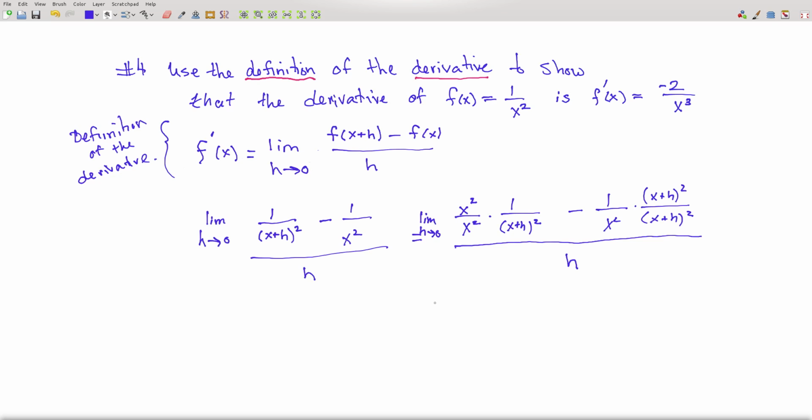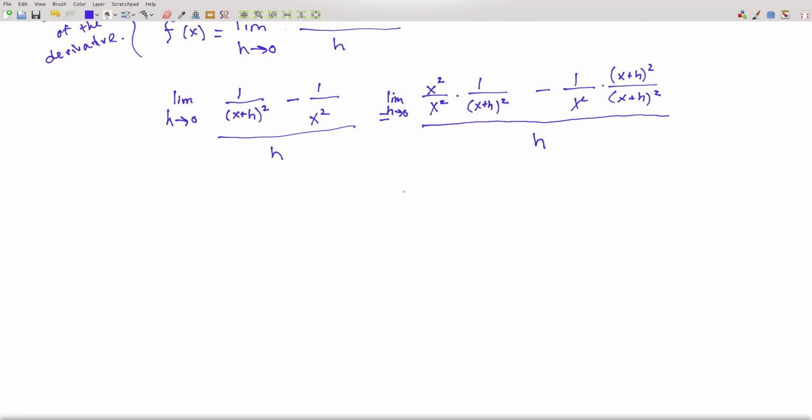All right, so we'll just keep on doing our algebra. You have to do it very carefully. This is the reason why we practiced algebra all those years before we got to calculus. Now this is x squared times 1. So don't forget to bring my limit with me. This is the limit as h goes to 0, multiplying the x squared times the 1.